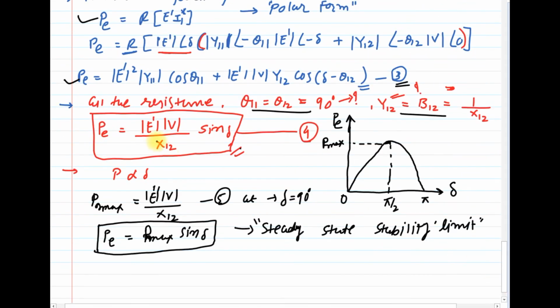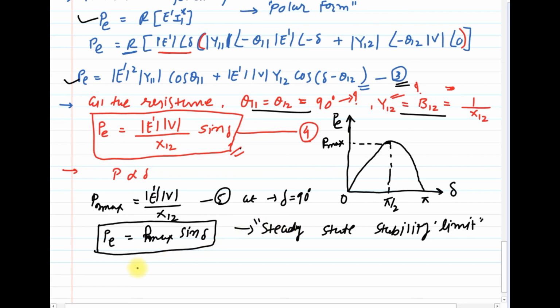From equation number 4 we can plot the P versus delta curve, and at delta equal to 90 degrees we get the maximum power generated by the synchronous machine, known as the steady state stability limit, because beyond that, with further increase in delta, you will not get more power.